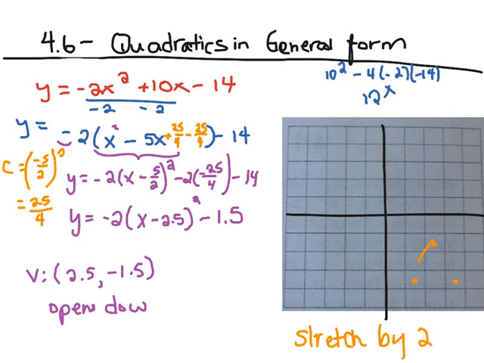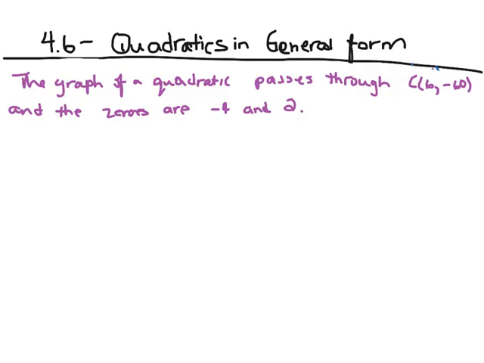So there's your graph. The graph of a quadratic equation passes through the point 6 and negative 60, and the zeros of the function are at negative 4 and 2. Write the equation of the graph in general form. So we know that x1 is equal to negative 4, and x2 is equal to 2.